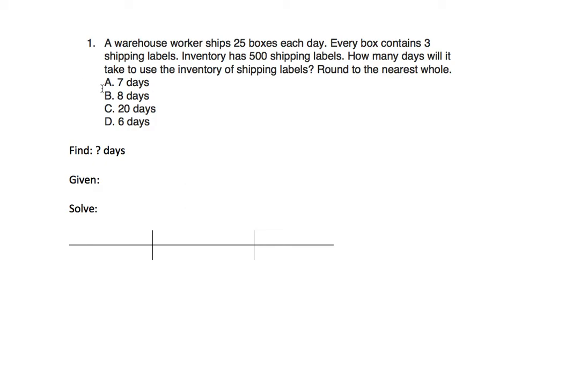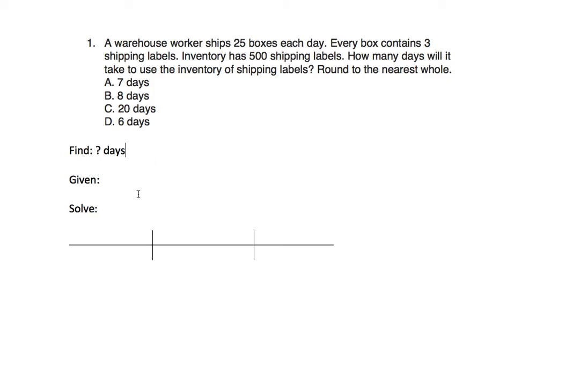So in this case, all the answers have some number and then the word days. So you know without a doubt that you're trying to find the number of days. You might come across some where it just has a number here without a word, but if it does have the word there, definitely take advantage of that to make sure that you're trying to answer the correct question.